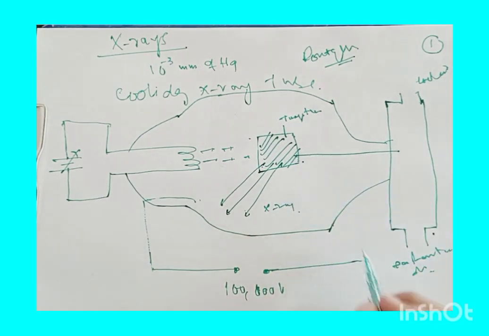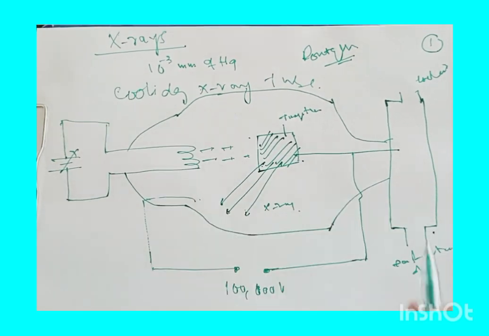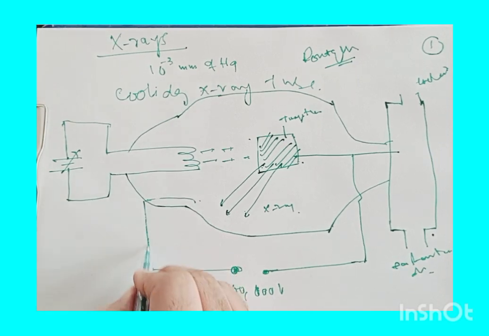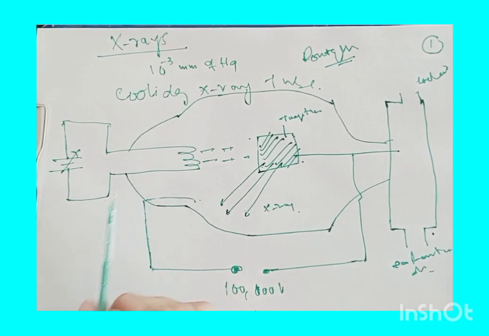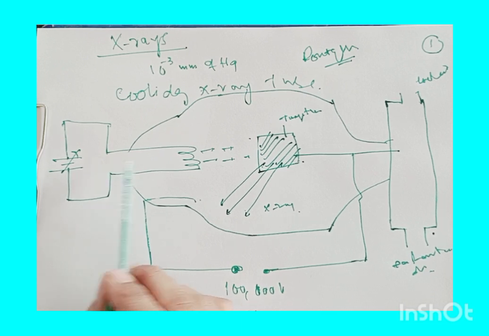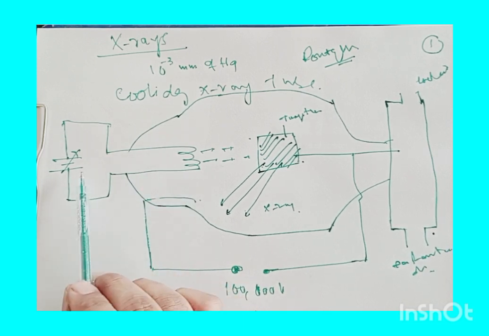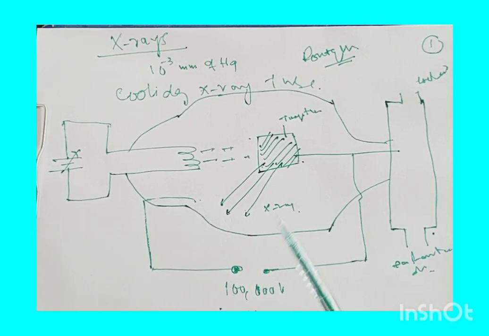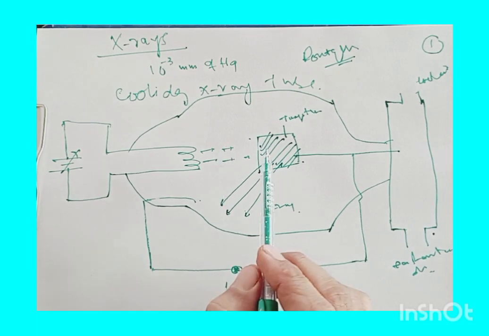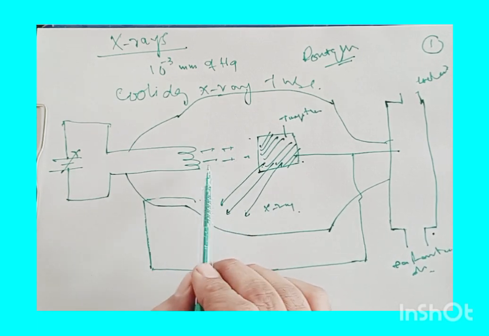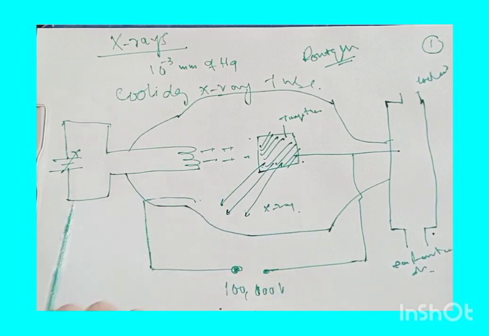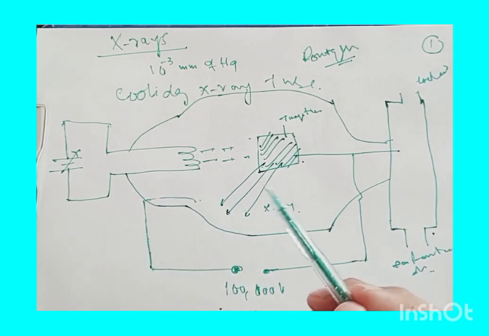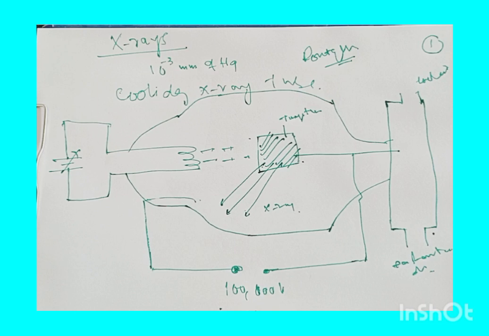So we allow the current to pass through this filament using this low tension battery, and at the same time about 100,000 volts is applied between this cylinder surrounding the filament and the target. The electrons emitted by the filament are accelerated by this high potential difference between the cylinder and the anode.